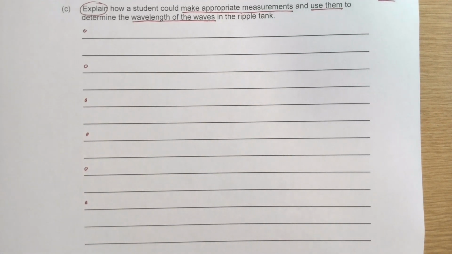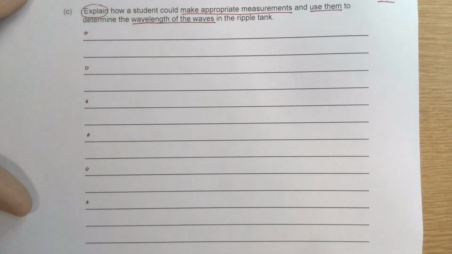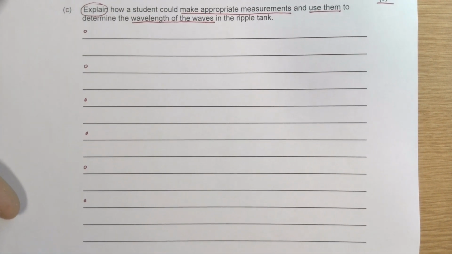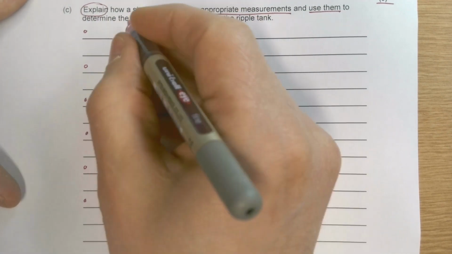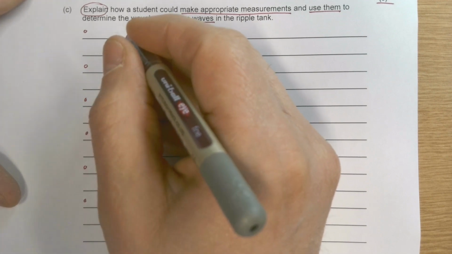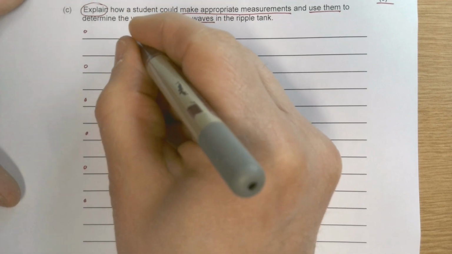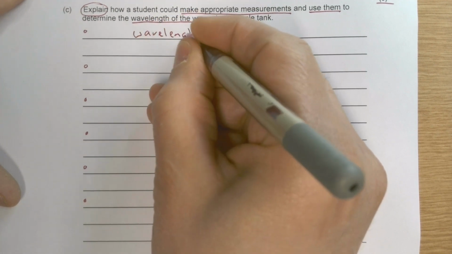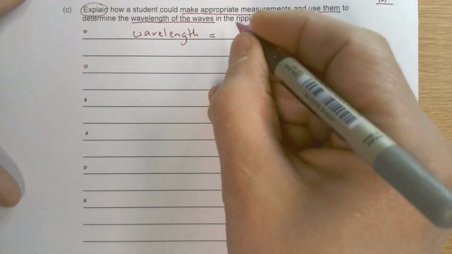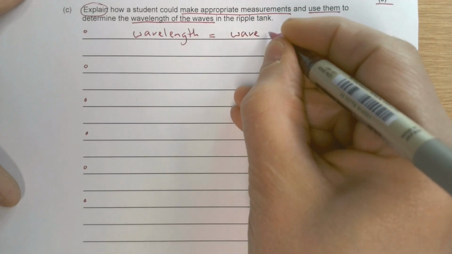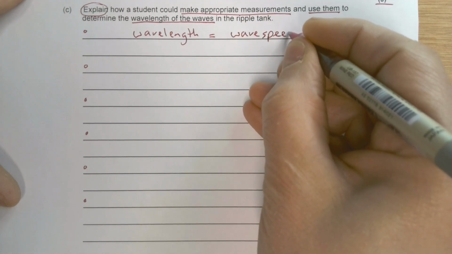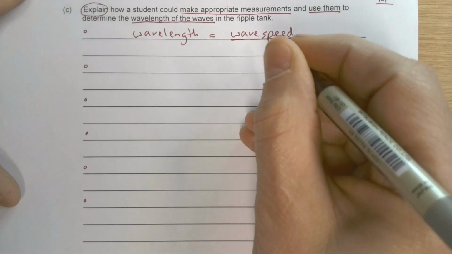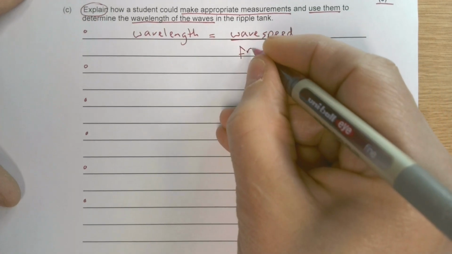Now, this is one of the required practicals. Okay, so you need to have read up on this really. The first thing to identify is that, and I think this equation is given to you, you know that wavelength equals wave speed divided by the frequency.